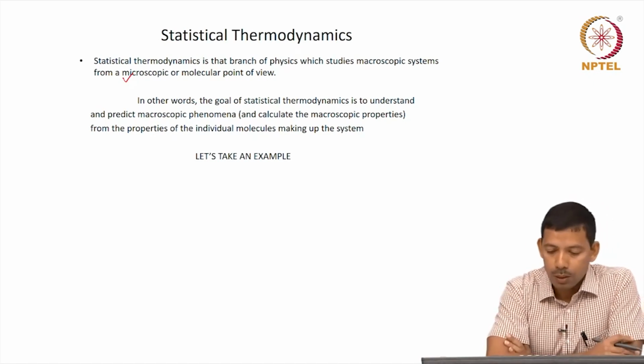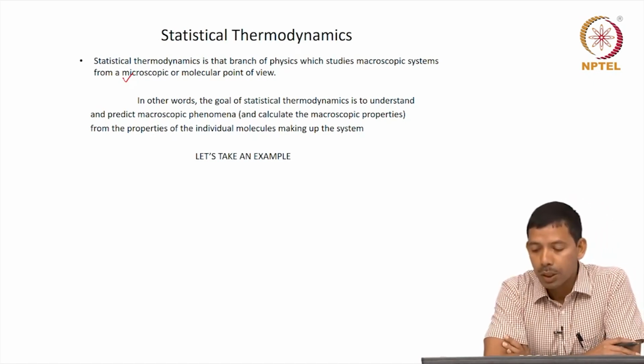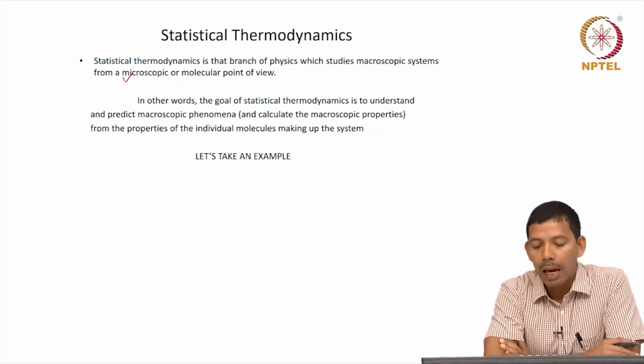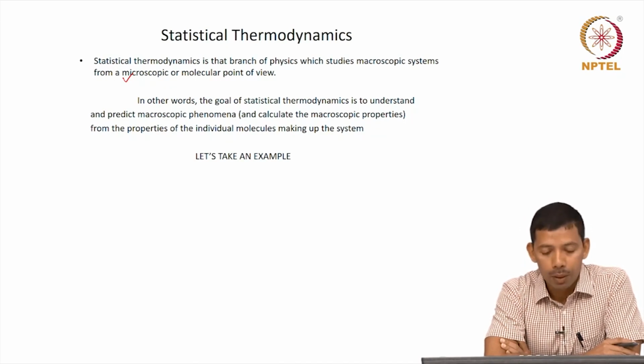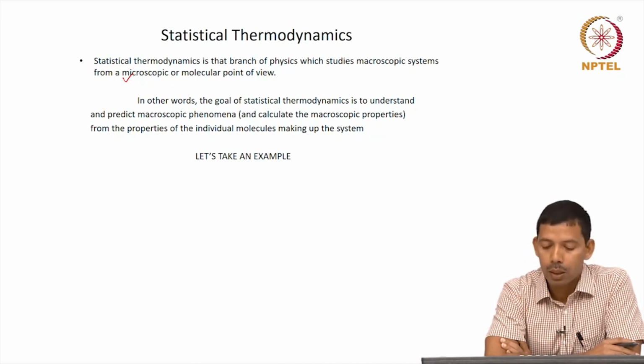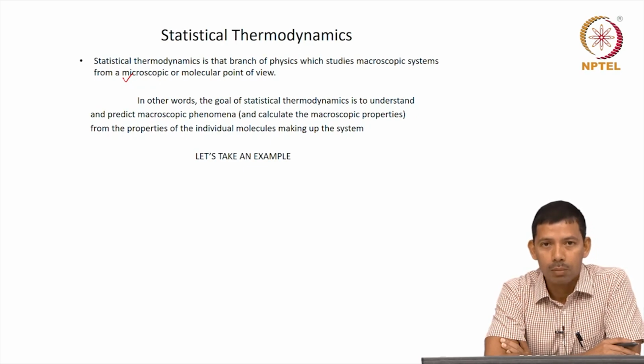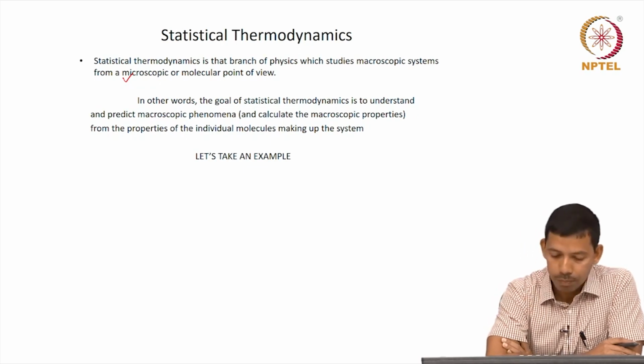In other words, the goal of statistical thermodynamics is to understand and predict macroscopic phenomena and also calculate the macroscopic properties from the properties of the constituent molecules or atoms that make up the system.